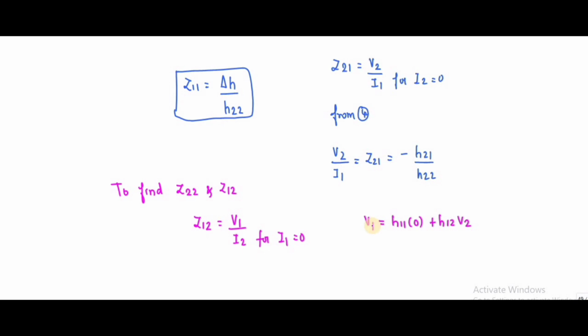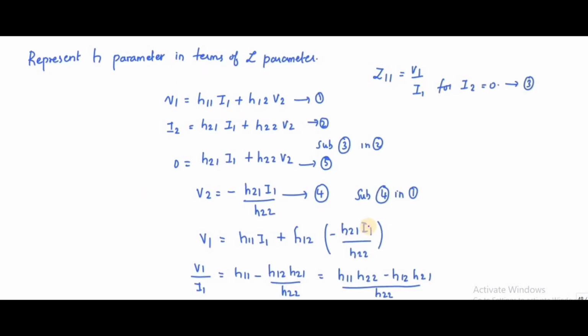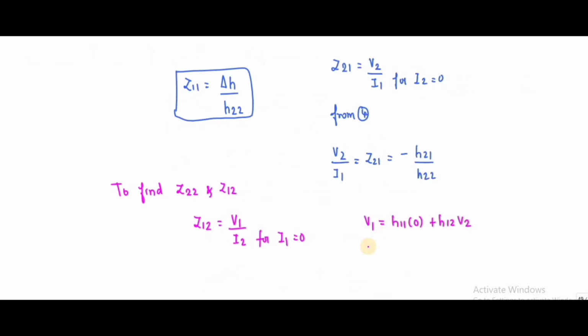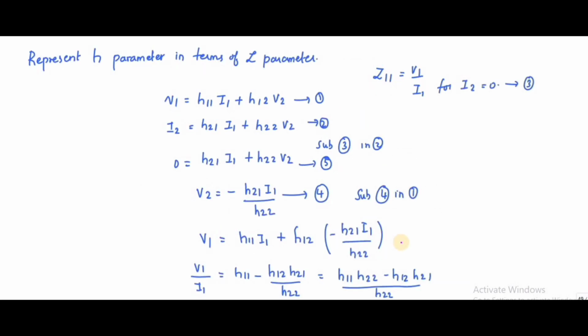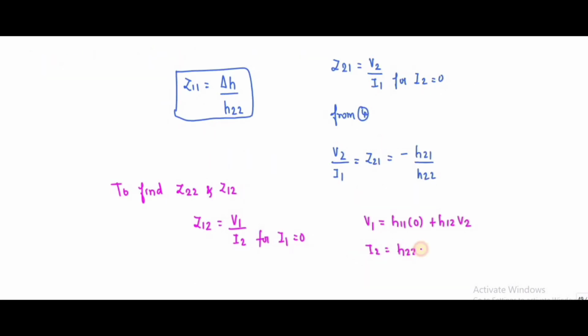Next, from the second equation, I can write I2 is equal to H21 into 0 plus H22 into V2. So Z12 is equal to H12 V2 divided by H22 V2. So it is H12 divided by H22. Okay.